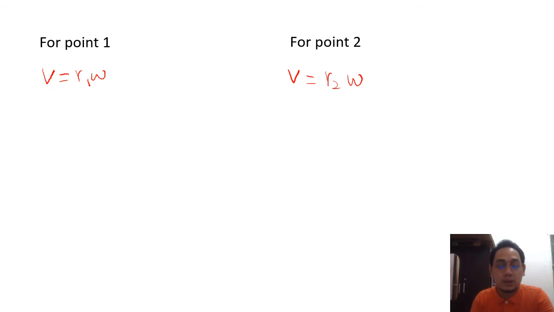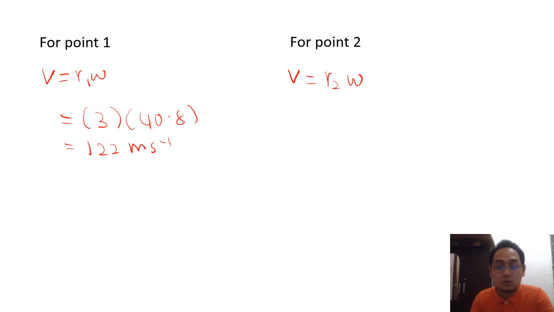From the previous slide, the value of r1 is 3 meter, times the value of omega, which is 40.8. Put this into your calculator and you will get the answer, 122 meter per second.